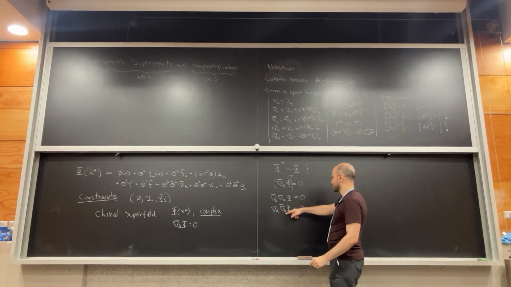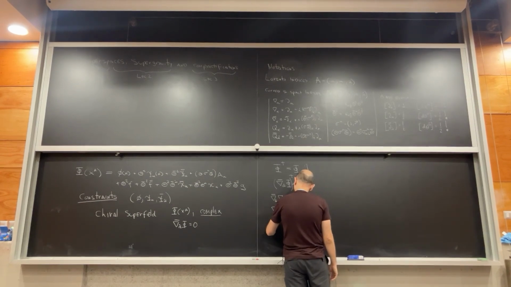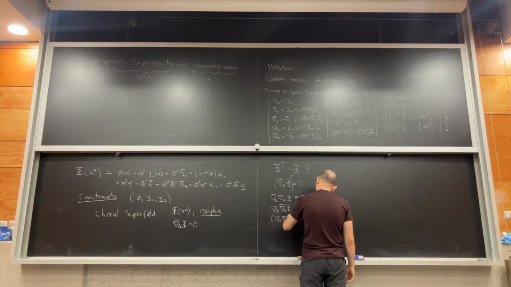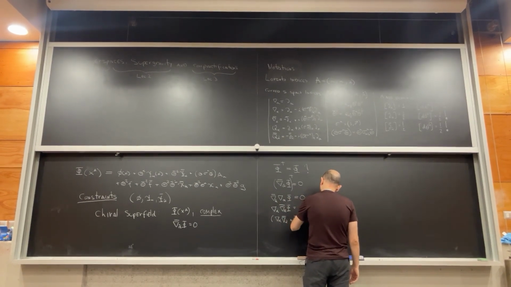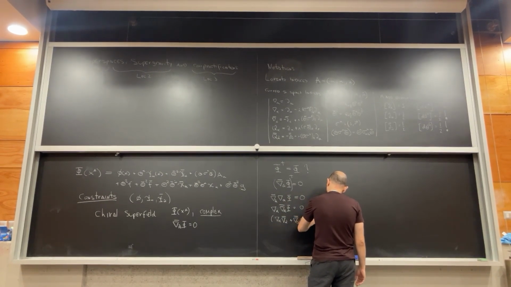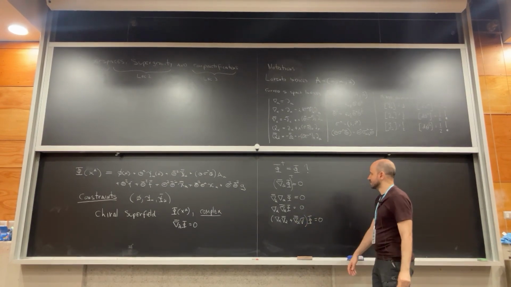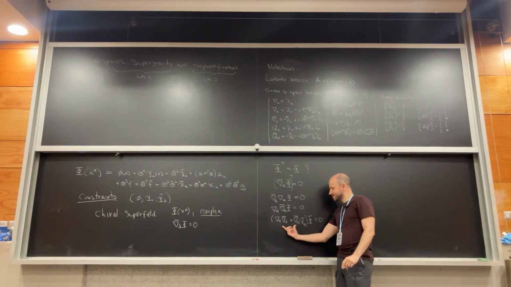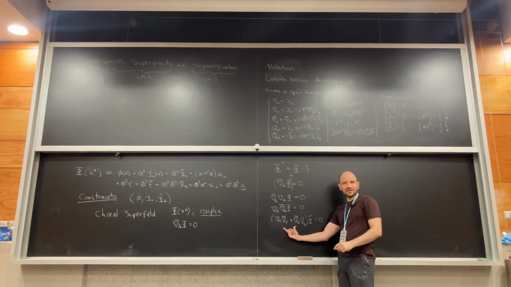Now I sum both equations. I get 0 again. But what is here is the anti-commutator of the nablas.